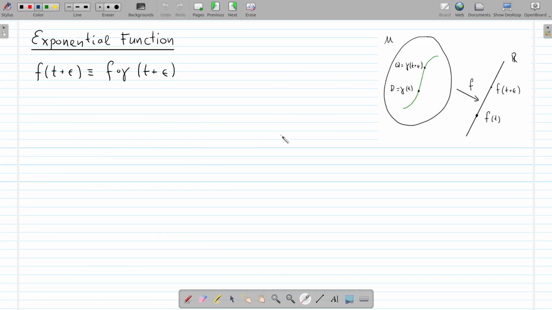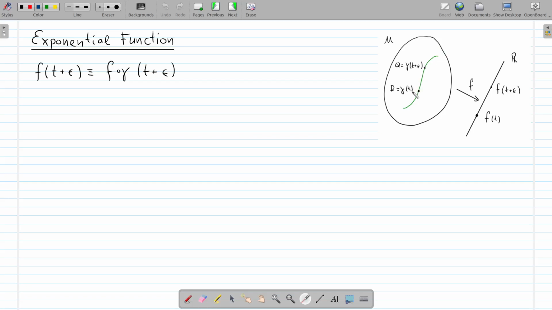Now let's see what the exponential function is. This will shift values of the function f from one point to the other in a specific way. So let's consider again the curve gamma that we discussed before.